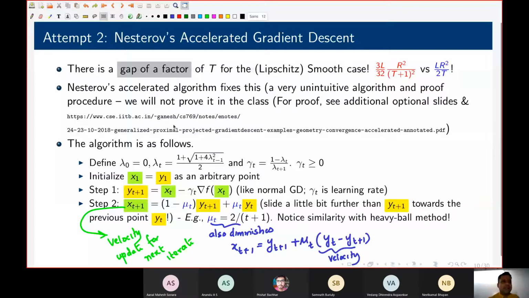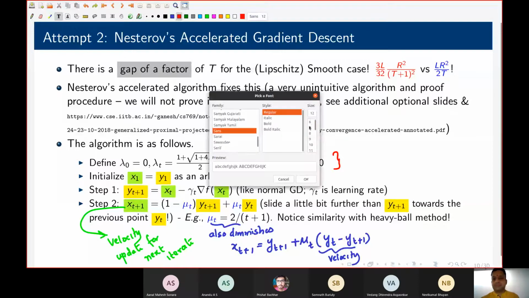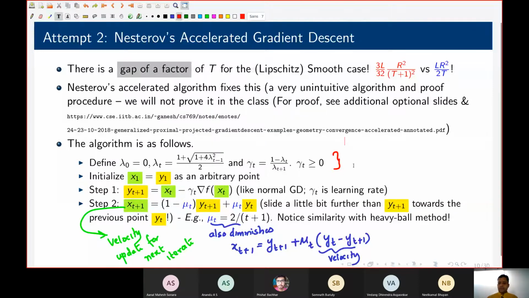Okay? So maybe I'll make a note of this here. May not be able to elaborate. So this is inspired by sufficient decrease condition.